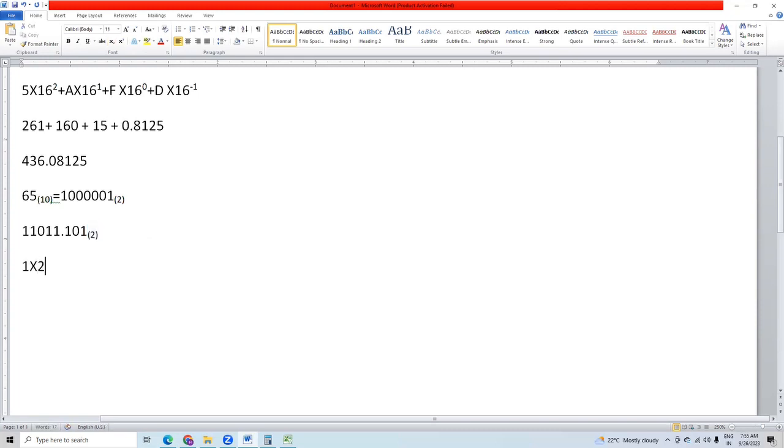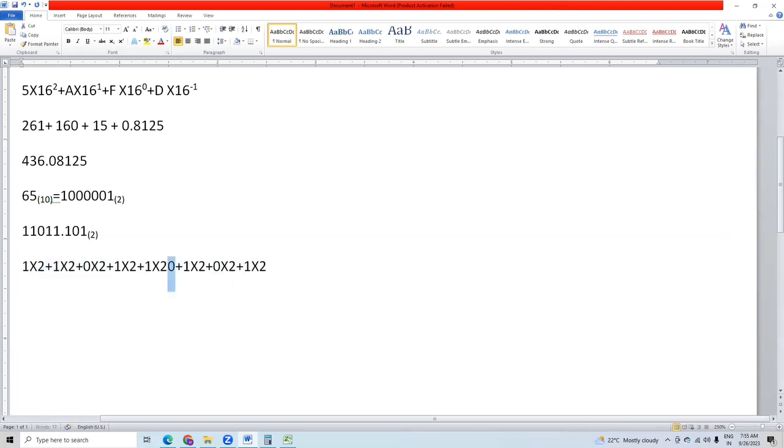Fine. So what do you have to do now? First 1 multiplied by 2 plus 1 multiplied by 2 plus 0 multiplied by 2 plus 1 multiplied by 2 plus again 1 multiplied by 2, plus now the fractional values, 1 multiplied by 2 plus 0 multiplied by 2 plus 1 multiplied by 2. Now give the powers. See, from here these are the fractional part. From here it is the integer part.